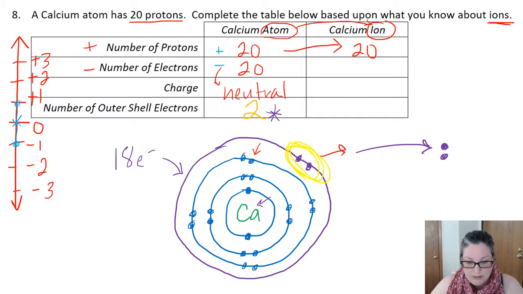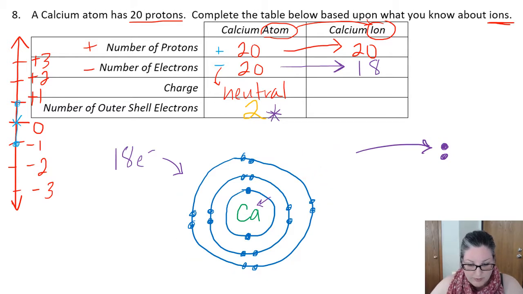So our 20 is going to become 18. 18 electrons. So let's erase this outer shell, because that is no longer there. And here we have the calcium ion.